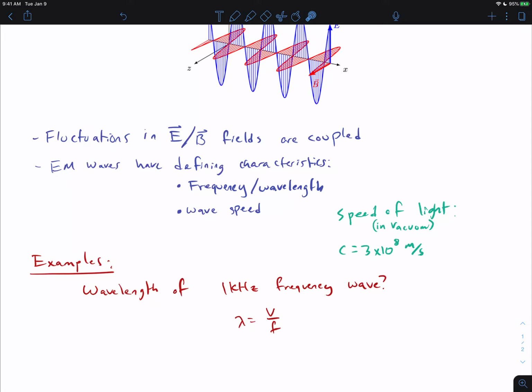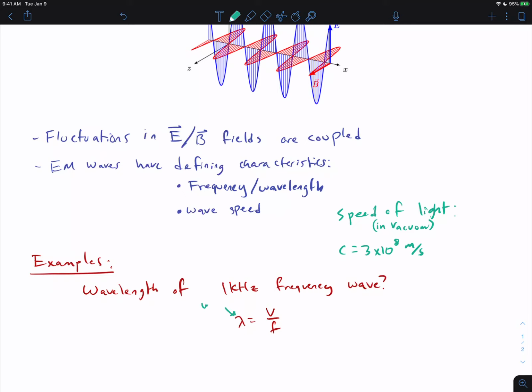Now, if we want to know what the wavelength of any of these electromagnetic waves are, just like before when you guys have seen waves maybe in Physics 1, we need to use this formula right here. So this will say lambda, which is my wavelength, okay?